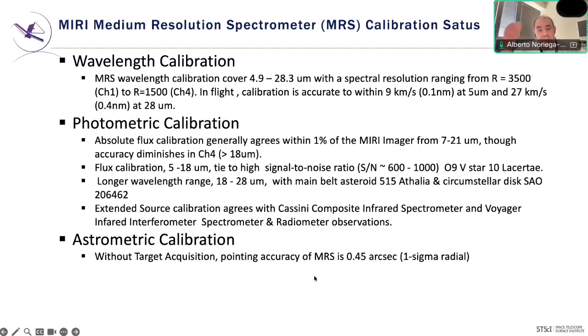The photometric calibration, we compare the accuracy of the absolute flux calibration of MRS with that of the imager, and it's between 7 and 21 microns of the order of 1%. The throughput in channel 4 decreases, you will see in a minute. So that makes it more complicated. The comparison, the uncertainties are large.